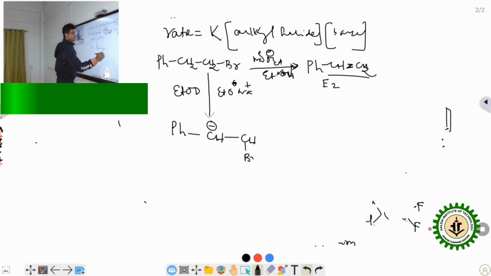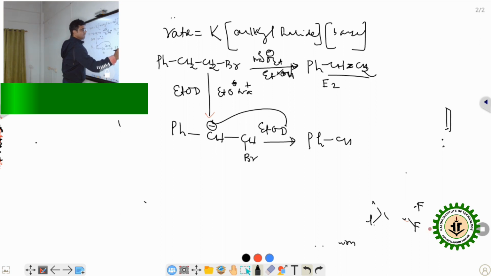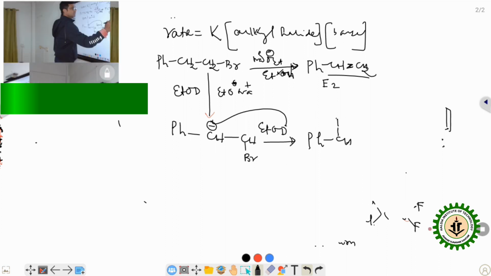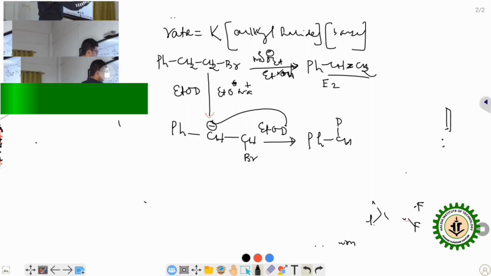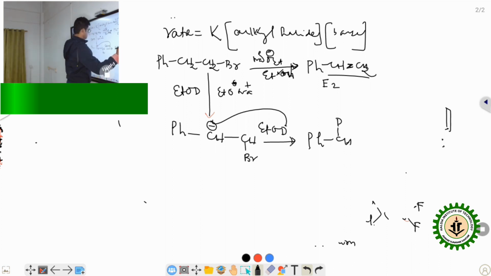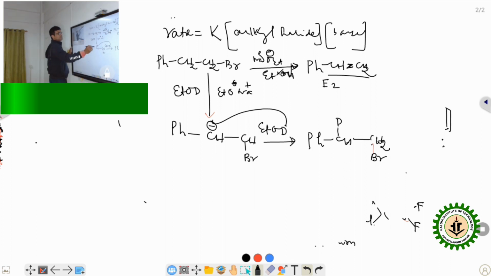From the beta position the carbanion will be formed first, and in the second step this anion will abstract deuterium from the deuterated ethanol, leading to the formation of a deuterated product.